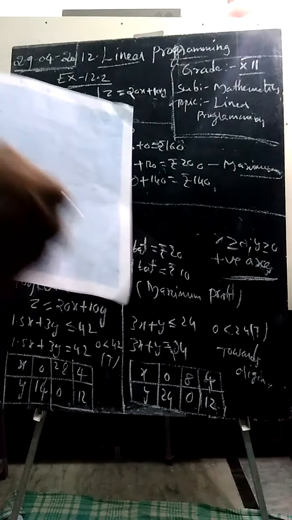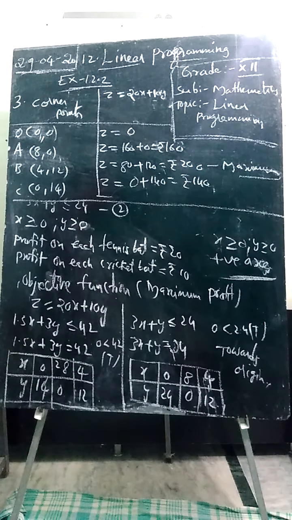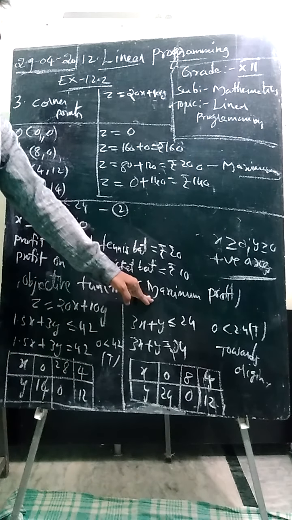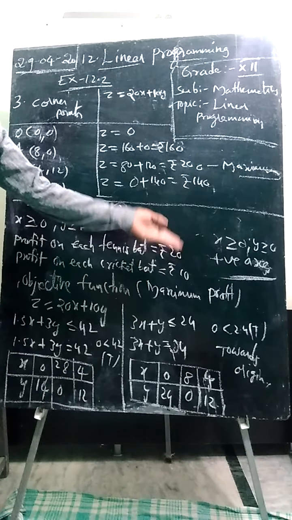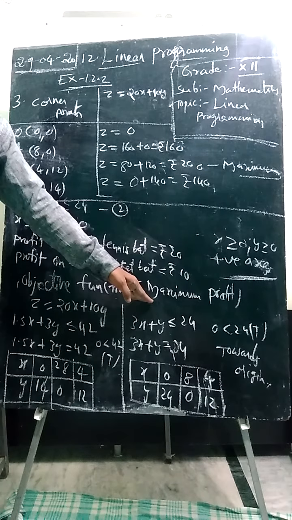So first step, frame the linear inequations, restrictions, constraints, objective function, and first read the question thoroughly. Let us consider or assume the required unknowns, frame the linear inequations, restrictions, then the objective function for maximizing or minimizing. Previous problem, minimum cost for getting maximum energy or vitamins.